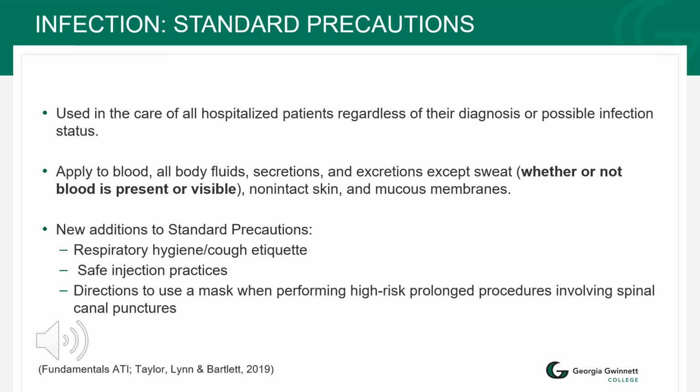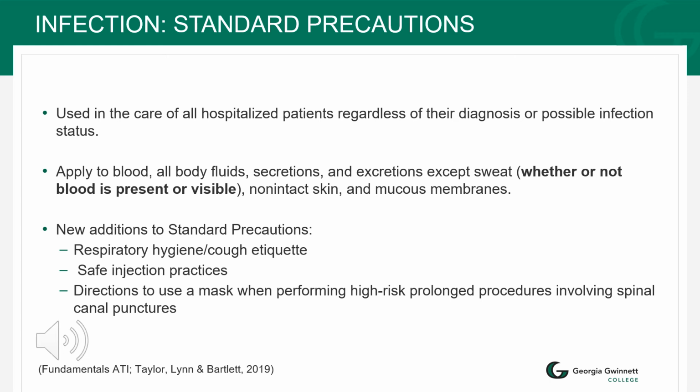So standard precautions is tier 1, if you will. It must be used with all hospitalized clients, regardless of their condition, regardless of whether we think they have an infection. It applies to all body fluids, all blood, secretions, anything, whether or not blood is present or visible. What that means is we treat everyone as if they have an infection in standard precautions.